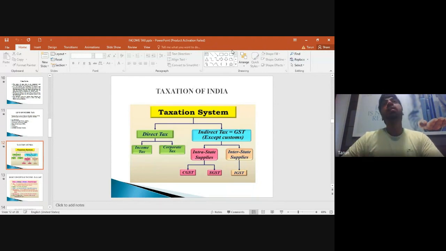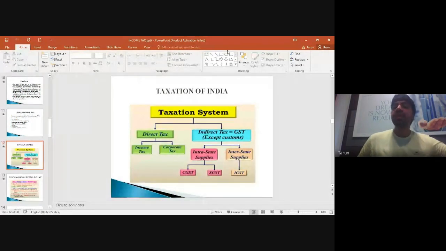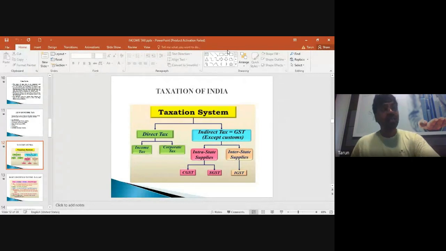So 18% will be charged on intrastate supplies of goods and services, which means 9% is charged as CGST and 9% is charged as SGST, right?